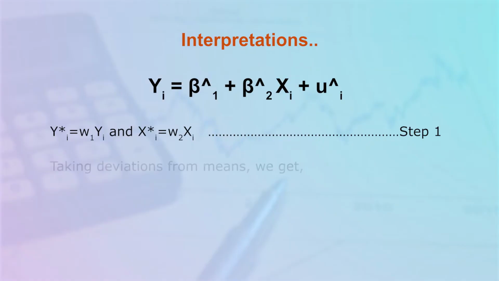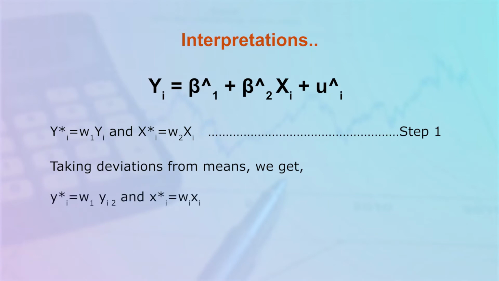As we do in our ordinary least squares methodology, we take all the variables as deviations from their means. For example, yi minus y bar, xi minus x bar, and we represent them in small letters. Similarly, we do the same thing here. Taking deviations from the sample means, we get small yi star.